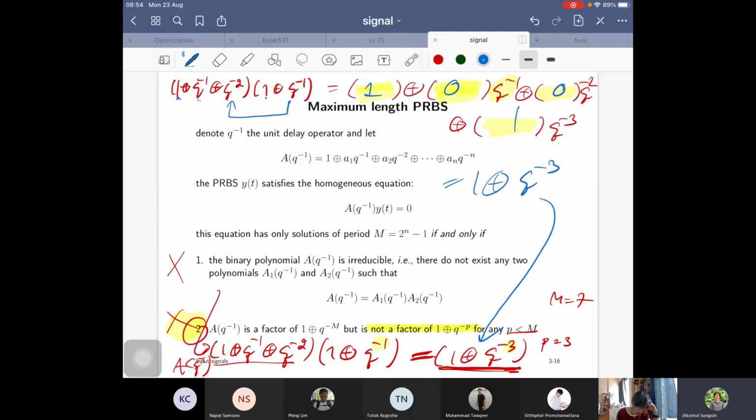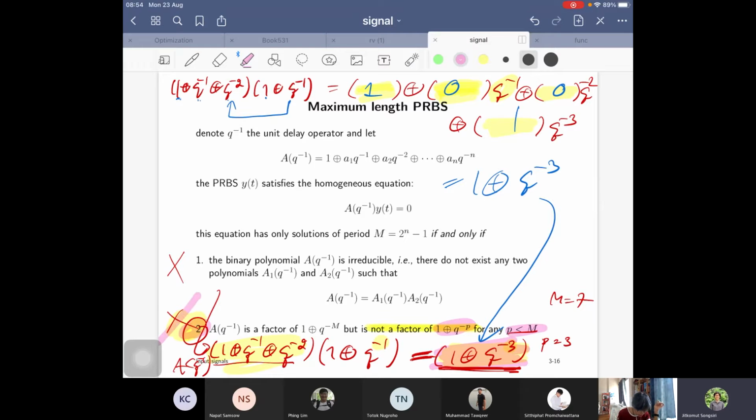So I'm just illustrating how to multiply these two polynomials, but the main result is that your A(Q) is a factor of this polynomial in the pink area, which means it's a factor of a polynomial in the form of 1 plus Q to the minus p, where p is less than the maximum length.